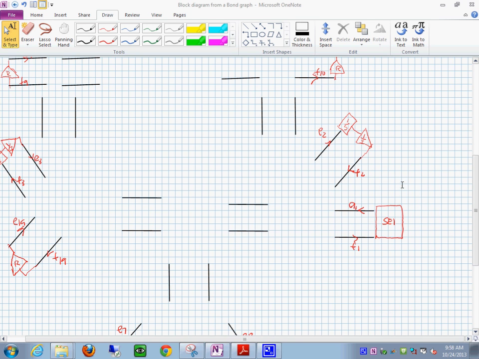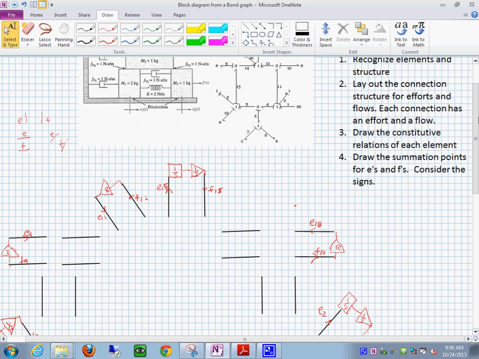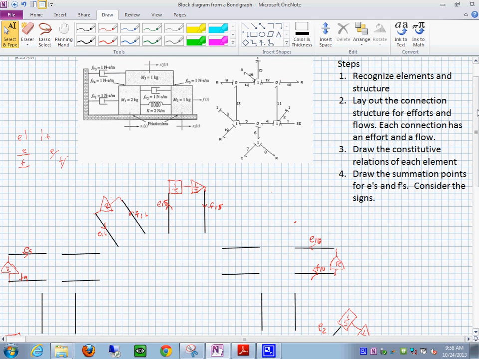Alright, so now we are going to put the internal signals in here. This is going to be the number 12, so this would be E sub 12 and this F12.